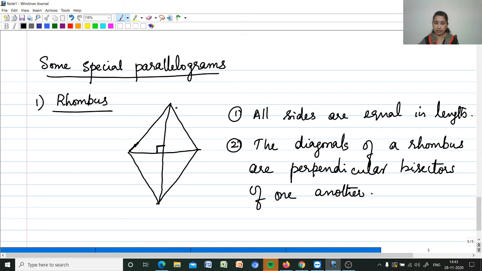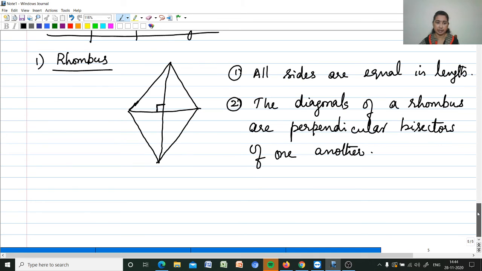So all the sides are equal, and the diagonals intersect at a 90 degree angle. So these are the properties of a rhombus. All the other properties of parallelograms will be satisfied in the case of a rhombus also. That's why we say that a rhombus is a special parallelogram.